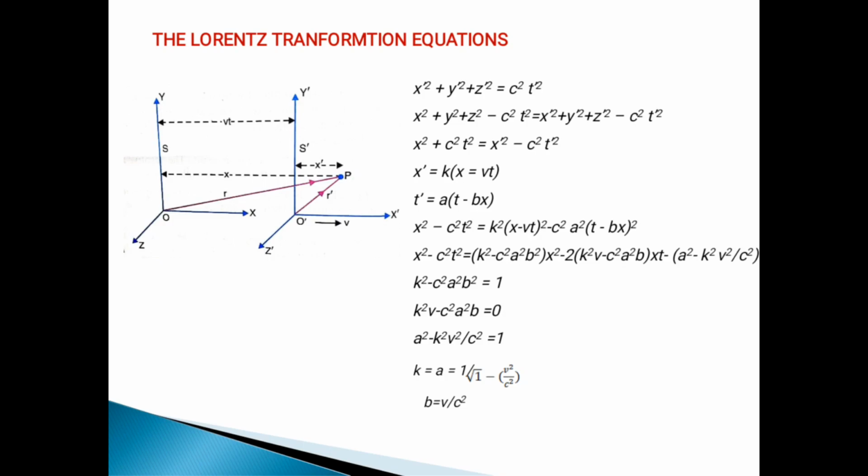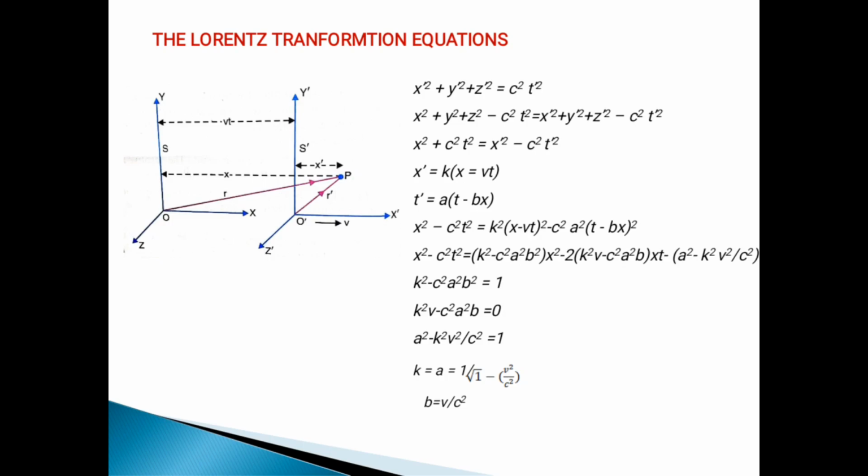Let us further suppose that a light signal spreads out from the origin at t equal to 0. When the signal reaches P, let the positions and times measured by observers O and O prime be x, y, z, t and x prime, y prime, z prime and t prime respectively.